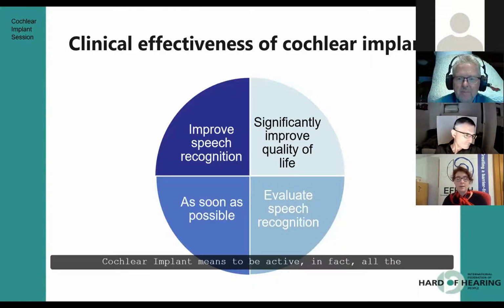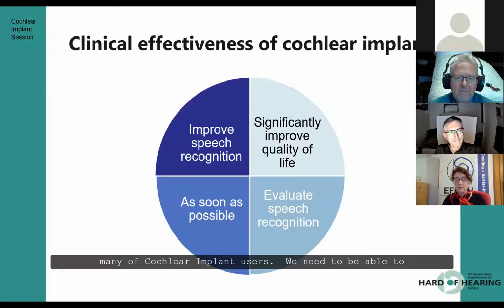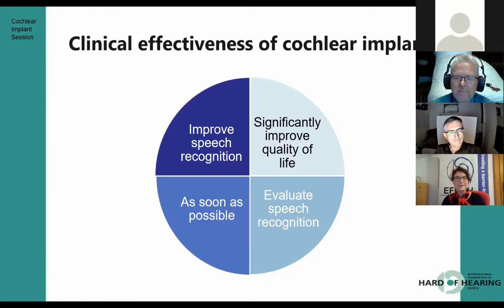To have a cochlear implant means to be active in fact all the time, and to keep in touch with available technology. Tests during rehabilitation and at the end are necessary for many cochlear implant users, because we need to be able to see our progress in numbers, where we are, to compare our understanding with people without hearing loss. Next slide, please.